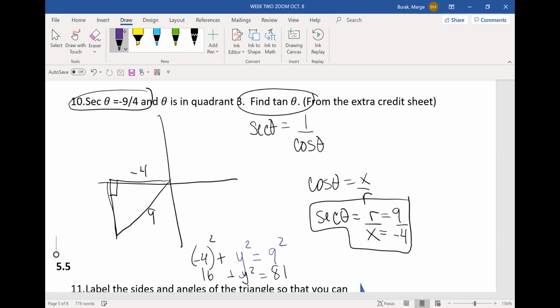So we'll subtract 16 from both sides, and we'll get y squared equals 65. So y is going to be plus or minus the square root of 65. And I believe that's in simplest form.